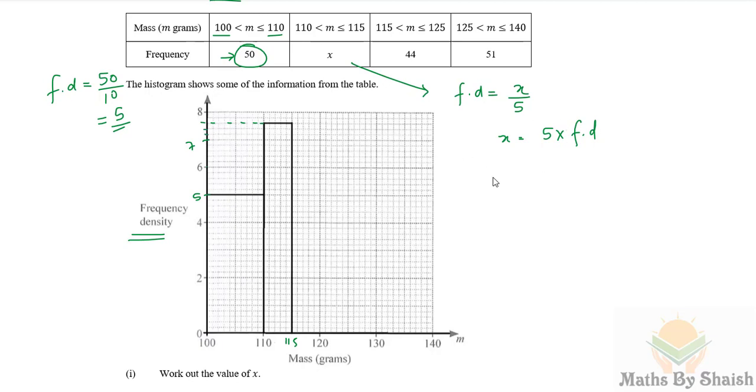So the frequency density is 7.6, so x would be 5 into 7.6, and 5 into 7.6 is 38. So the x value is 38.